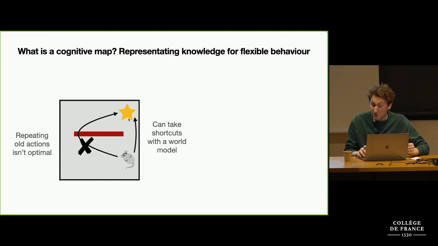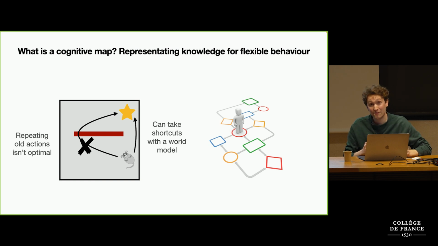And that's really what I mean by an internal model. It needs to have this internal map in its head of how things in the world connect and relate to each other.